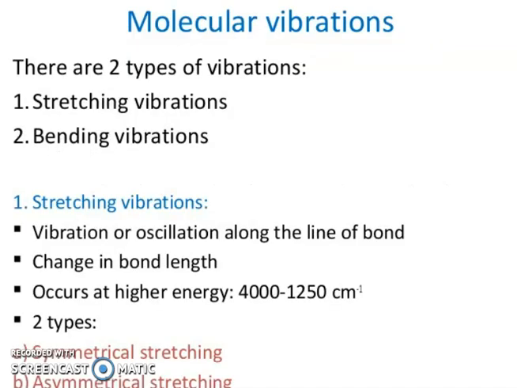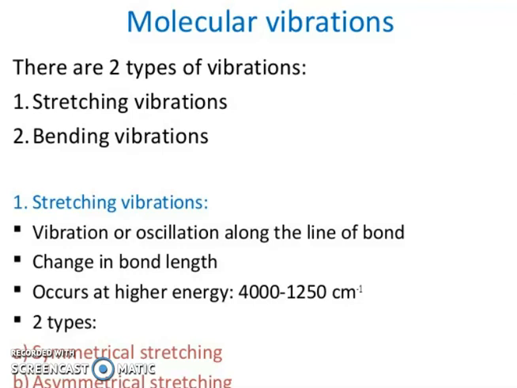So, molecular vibration: there are two types of vibrations, stretching vibration and bending vibration. Make your concept clear. A lot of questions in JAM, NET, GATE and all national level competitive examinations are asked on IR spectroscopy.